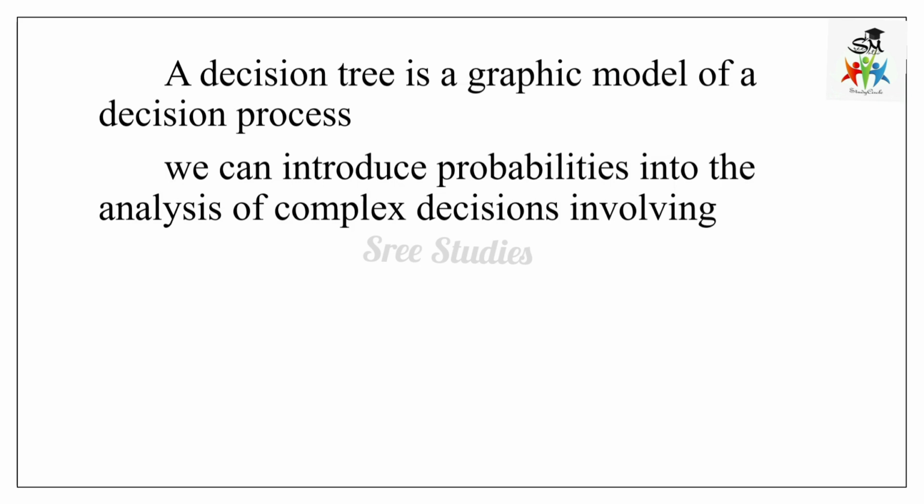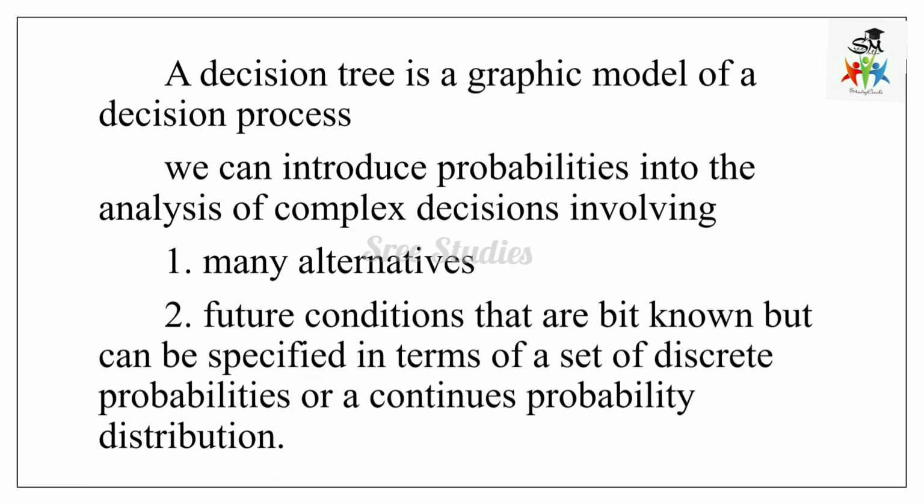So when do we use this decision tree analysis? When there are complex problems, decisions involving many alternatives. If the decision to be taken has many alternatives and the future conditions are a bit known but can be specified in terms of a set of discrete probabilities or a continuous probability distribution, then we can use this decision tree analysis.